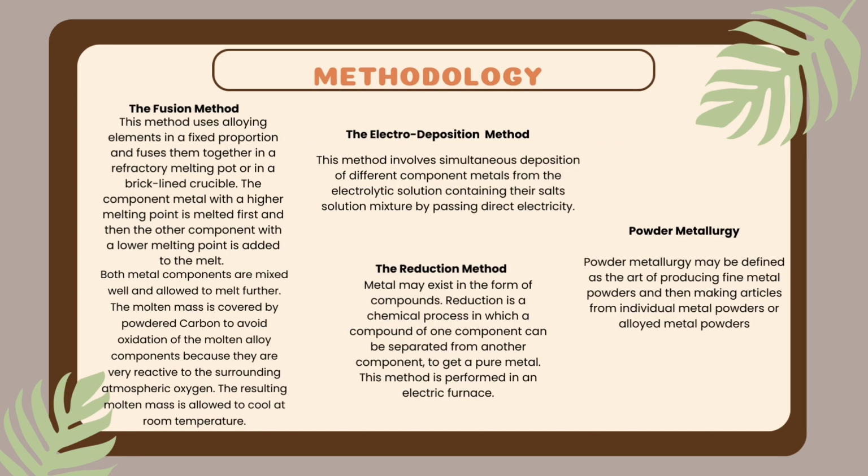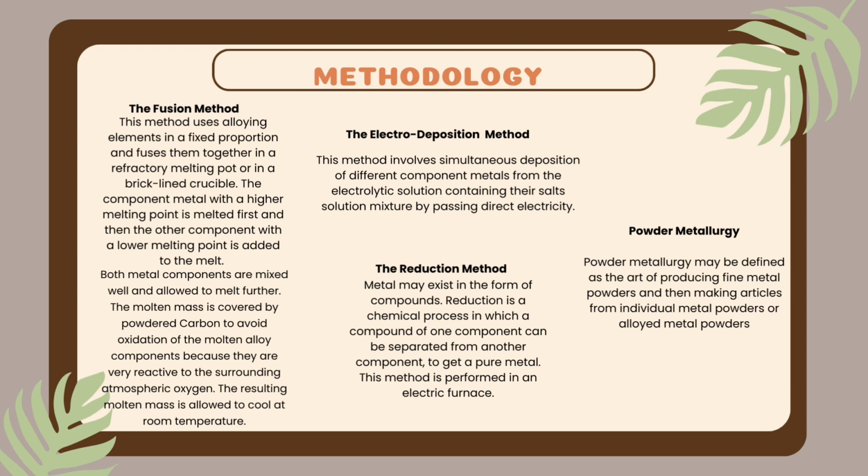So the next is methodology. Methodology is the fusion method. This method uses alloying elements in a fixed proportion and fuses them together in a refractory melting pot or in a brick-lined cubicle. The component metal with a high melting point is melted first and the other component with a lower melting point is added.